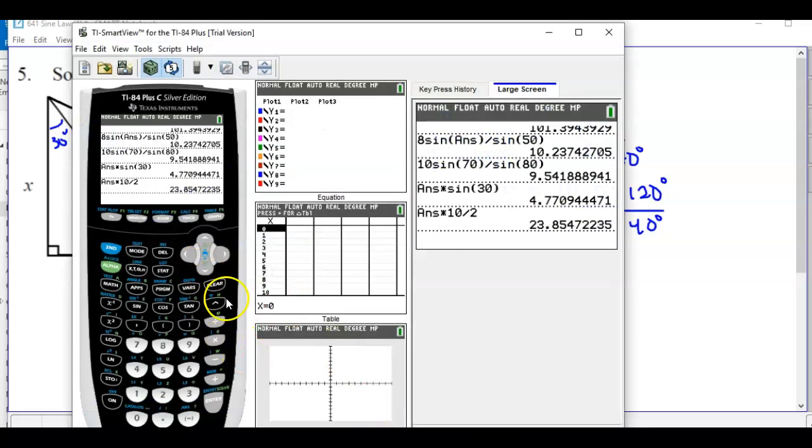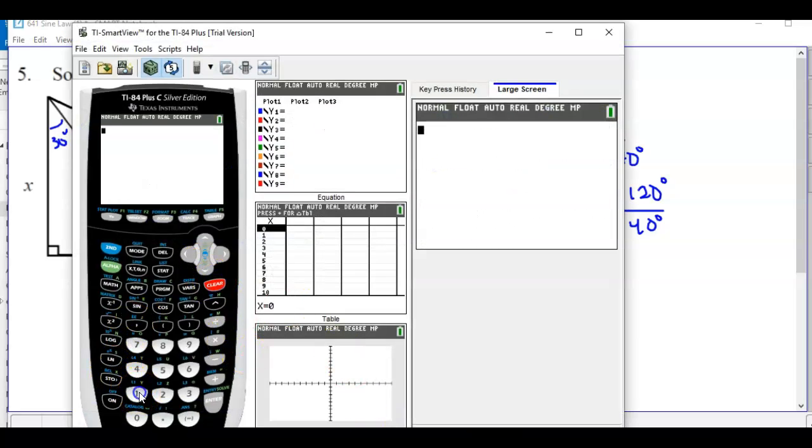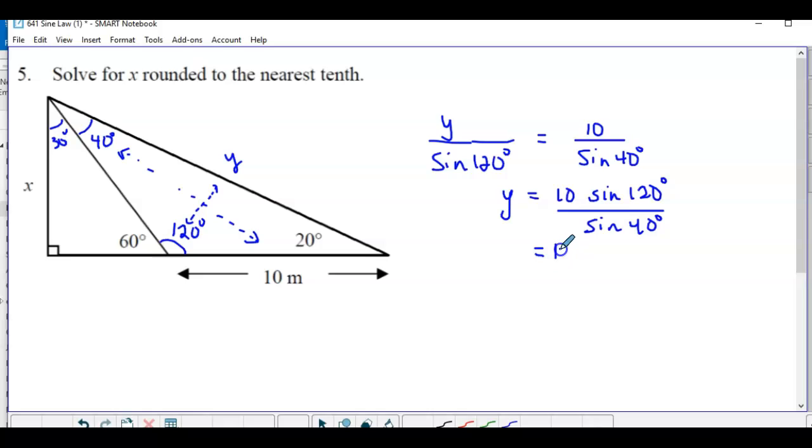So I'm going to start here. 10 sine of 120, close the brackets, divide by sine of 40. Okay, and that's 13.473. Again, a few more decimal places than what we're given. So that's your y value.